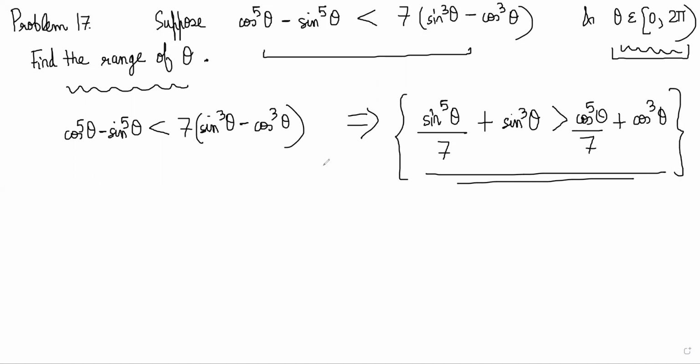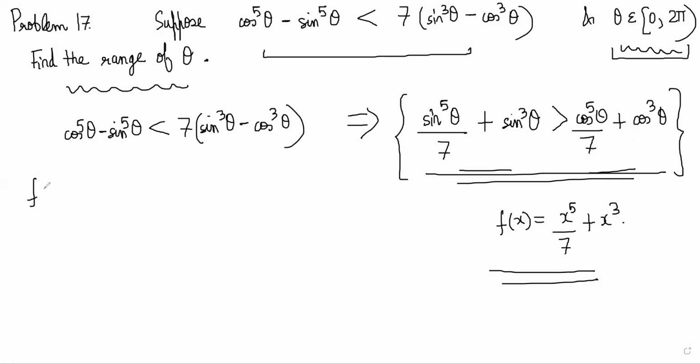Now, the look of this inequality suggests that we can use calculus by taking advantage of a function like x^5 by 7 plus x^3. If this was my function and my inputs were sine theta and cos theta, then these are the values of those functions. So let's investigate the nature of this function f of x.